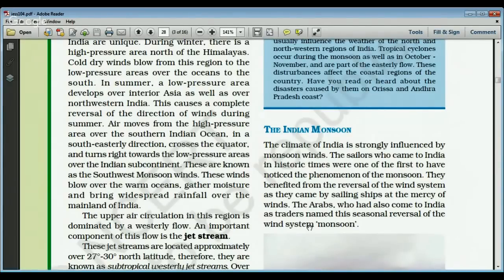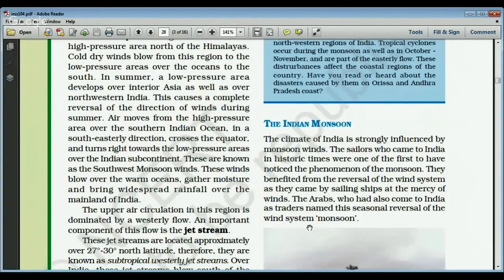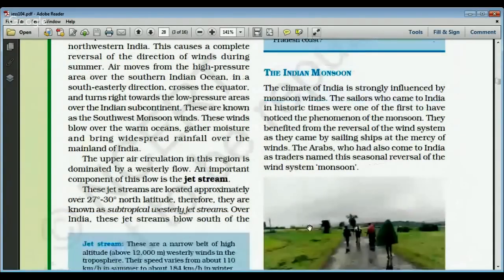And the air moves from the high pressure area over the southern Indian Ocean in a southeasterly direction, and then it crosses the equator. I have explained all this process to you in the beginning of this chapter. Because of the Coriolis force, it turns towards the right, towards the low pressure areas over the Indian subcontinent, and that is why these southeasterly winds become the southwest monsoon winds.